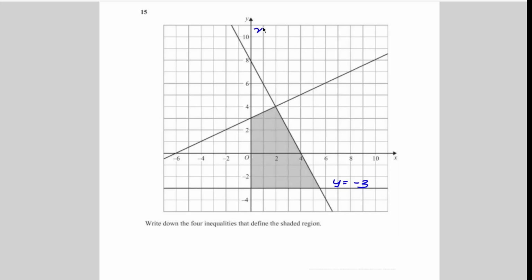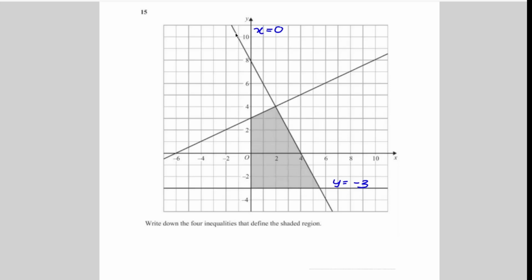Therefore, the equation of this line is x equals 0. Remember, the y-axis, its equation is x equals 0. The x-axis, its equation is y equals 0. Right, now we have these two boundary lines, we formed the equations.